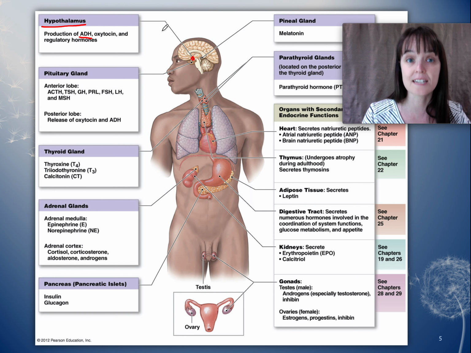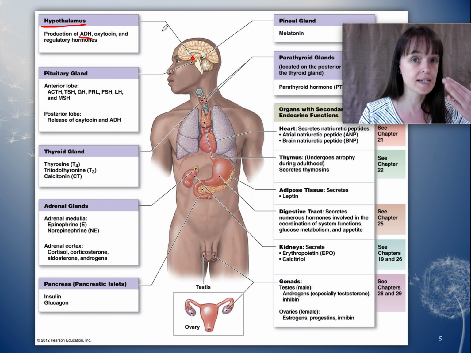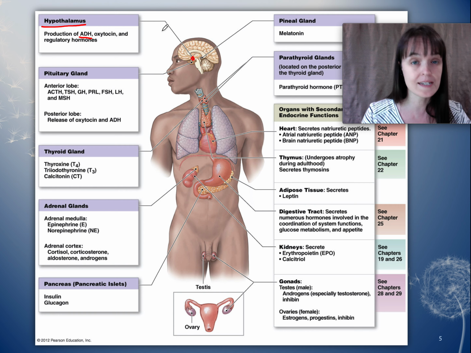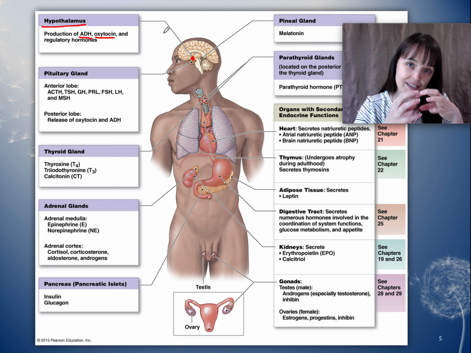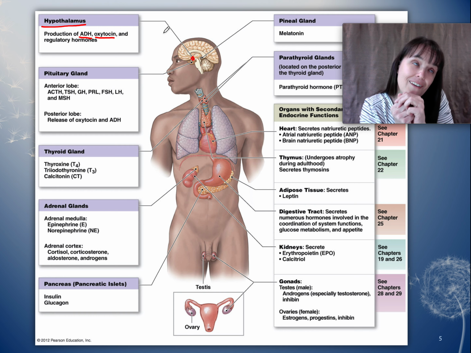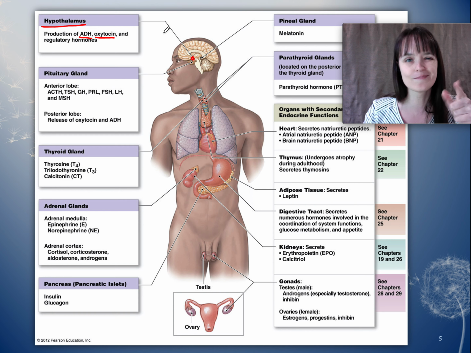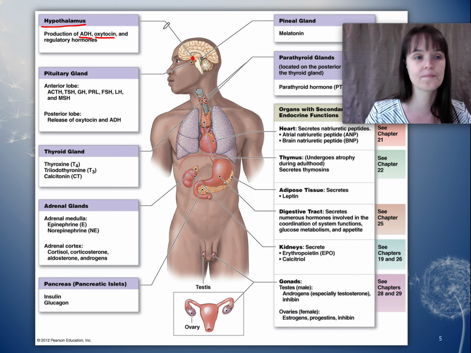We said it was anti-diuretic hormone. And if you take a diuretic pill that makes you pee, anti-diuretic hormone makes you not pee. Okay. And oxytocin. Oxytocin is a cuddle hormone. So when you see babies with those big eyes and smell their little heads, you're like, oh, and you melt a little bit inside. Oxytocin. It's a hormone.